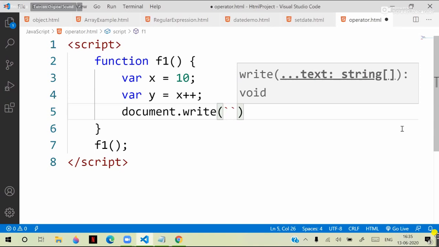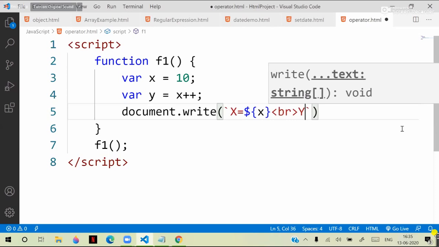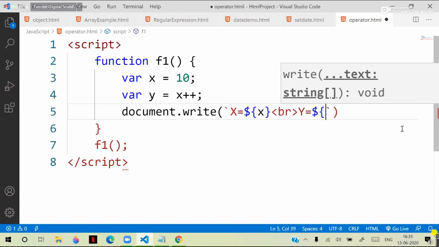I am printing the value of x, and in the next line, y is equal to the value of y.